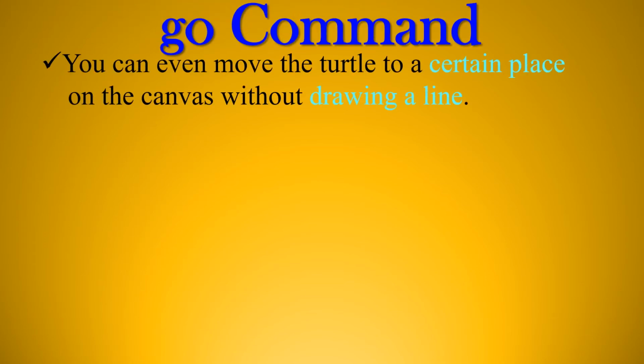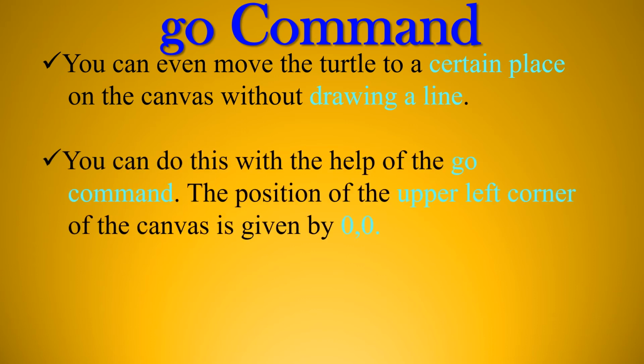Next we are going to see go command. You can even move the turtle to a certain place on the canvas without drawing a line, and you can do this with the help of the go command. The position of the upper left corner of the canvas is given by 0, 0.